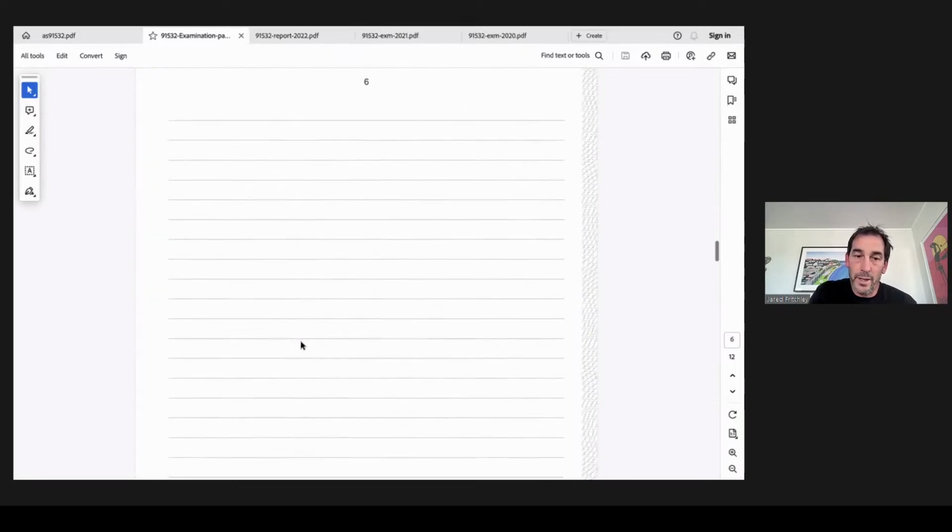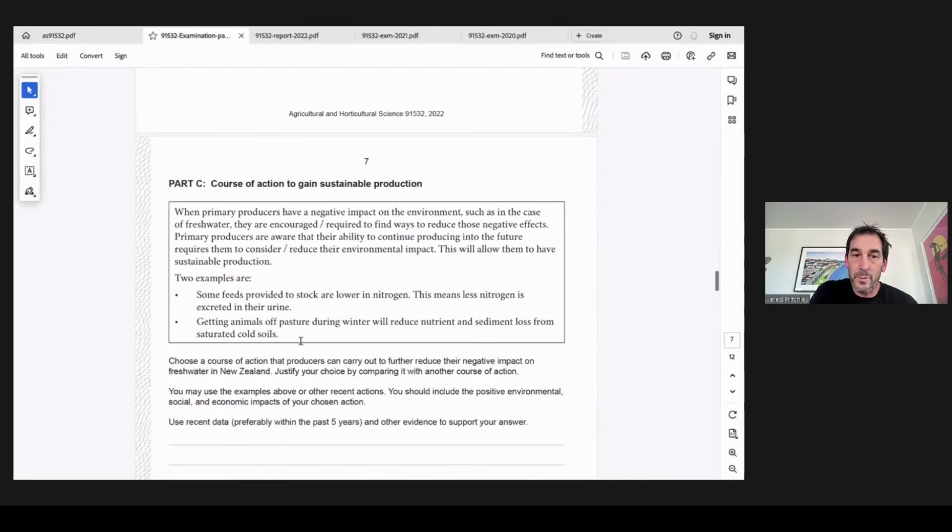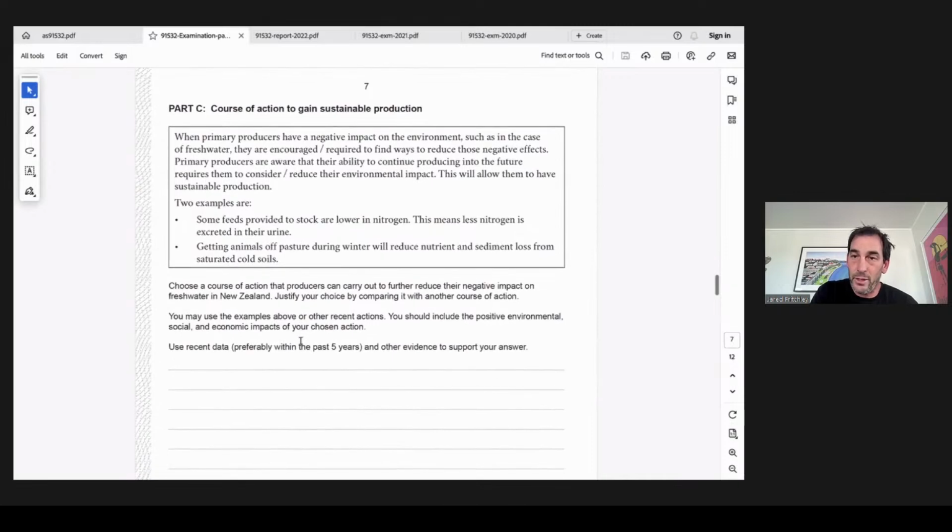And then we just fall out to the last part, which is our part C, which again is our courses of action, or what's the next step, what can we do? And again, if we don't answer this, that's where we can't pass the standard, because our part A and part B were covering what our current picture looks like, and our part C is what can our producer do on farm, on orchard, in order to reduce or mitigate those negative impacts.